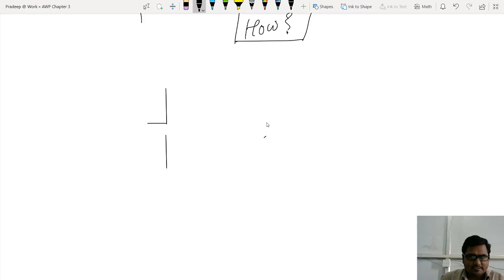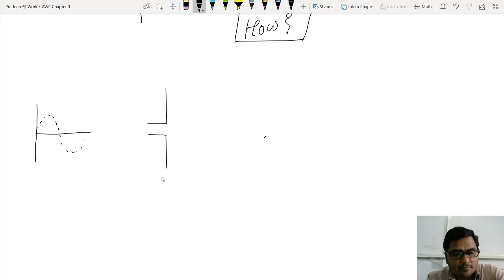The transmission line is flared at 90 degrees. And look at this. This is the input signal that I have provided. Intentionally, I am drawing the input signal in very large form.